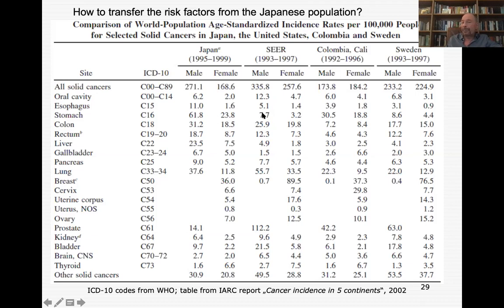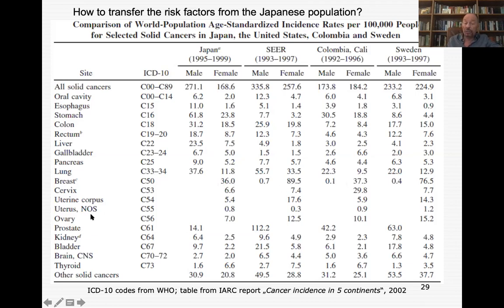So stomach cancer is relatively rare in the United States, while it's very common in Japan. And the same for liver. You see, liver is relatively common here, but relatively rare in the United States. While if you take breast cancer, for example, breast cancer is much higher in the United States than in Japan, even though Colombia is more similar to Japan than to the United States.